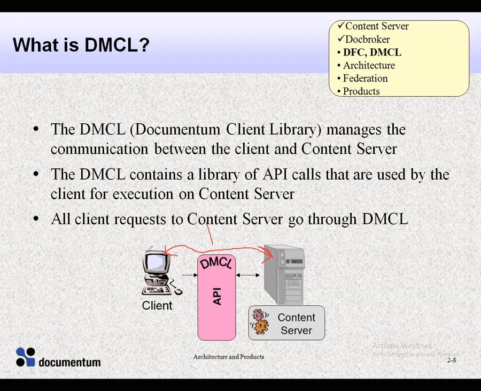Same like the Java Virtual Machine, JVM, or in the case of JDBC, Java Database Connectivity, APIs which convert the code into something understandable by the machine and produce the output.